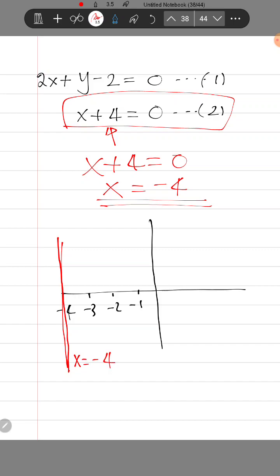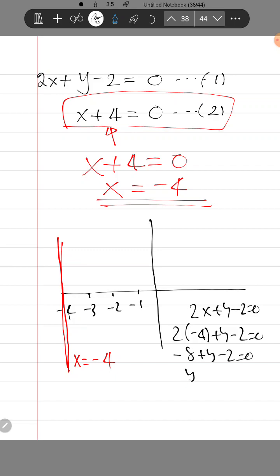For the second one, let's take the equation and put the value of x as -4. 2x plus y minus 2 is equal to 0. 2 times -4 plus y minus 2 is equal to 0. Minus 8 plus y minus 2 is equal to 0. y minus 10 is equal to 0. y is equal to 10.